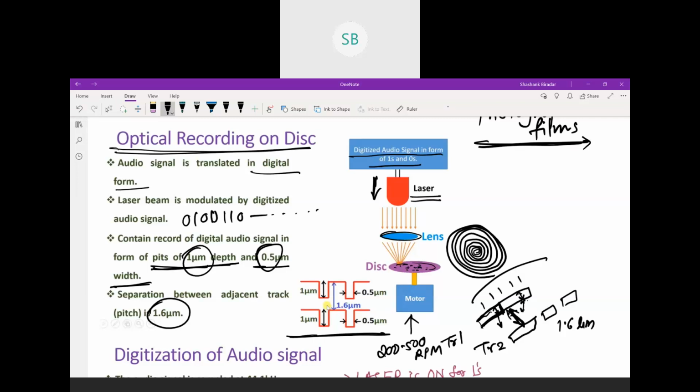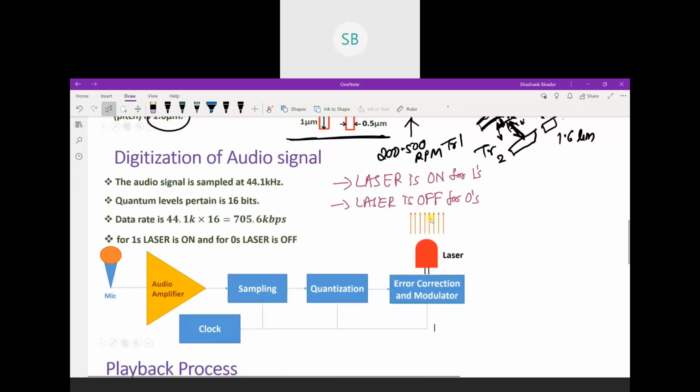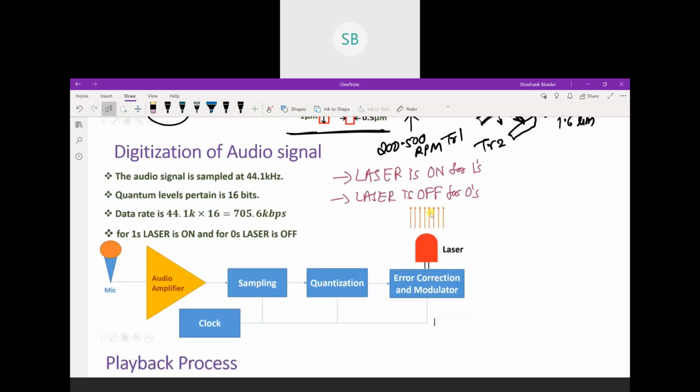Then the second parameter is digitization of the audio signal. In the last lecture what we have seen is the audio. Here we are more focused on the audio signals. We have seen it varies from 20 hertz to 20 kilohertz, right?